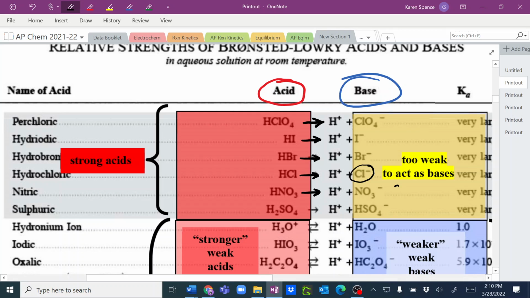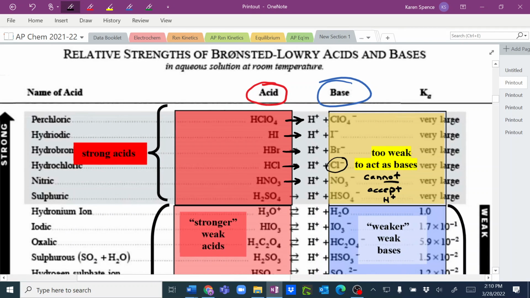They cannot accept protons. So the conjugate bases of strong acids cannot act as bases.